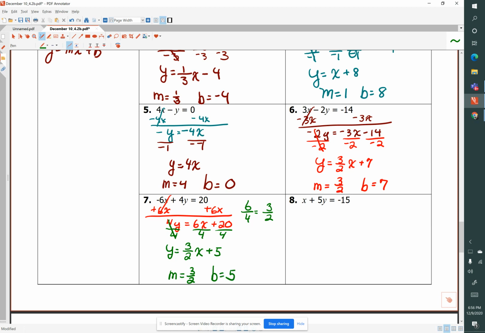Now, number 8, we have 1x. We have an invisible 1 here, so we'll subtract x from both sides. And then we will have 5y equals negative x, and that's, again, an invisible 1, minus 15. And now we need to divide everything by 5.